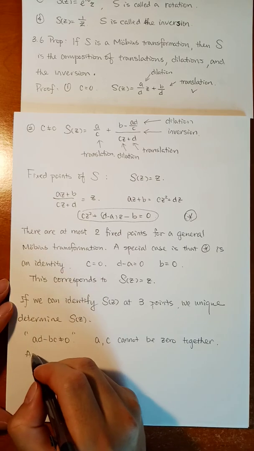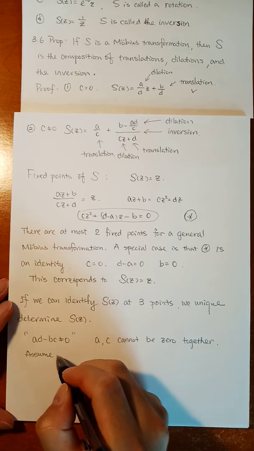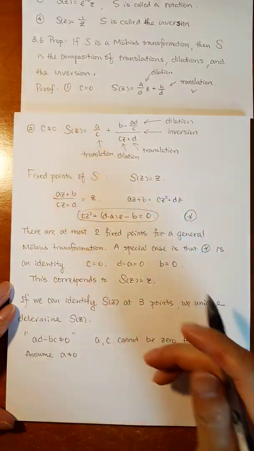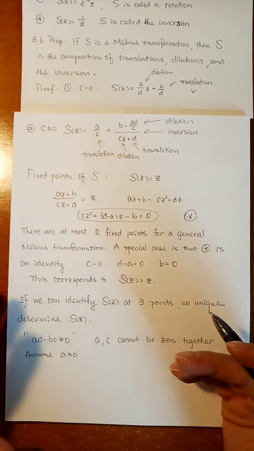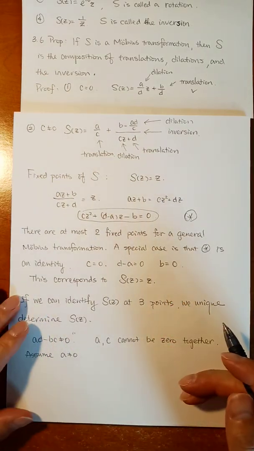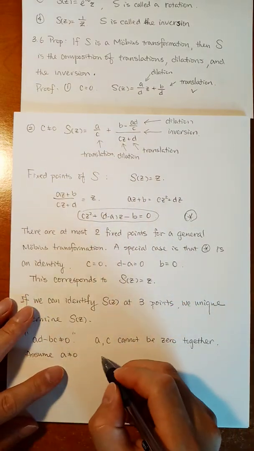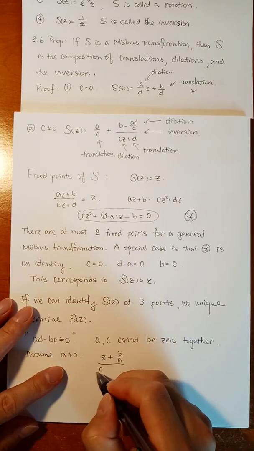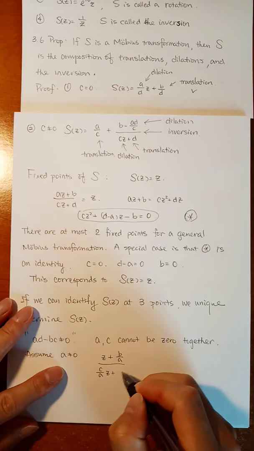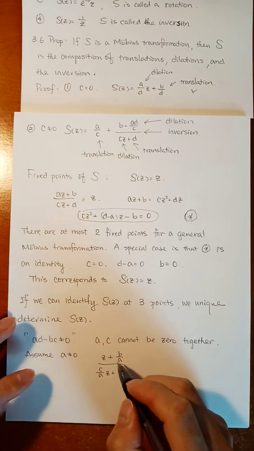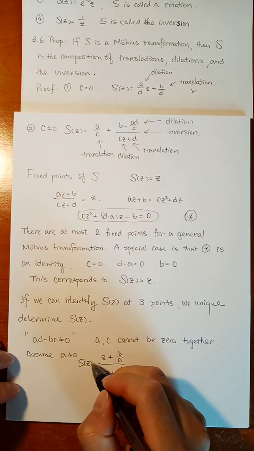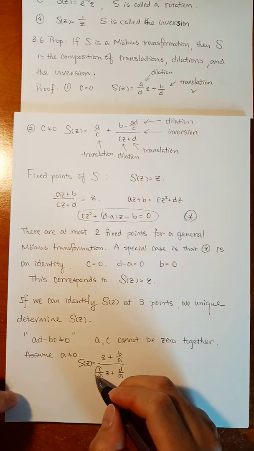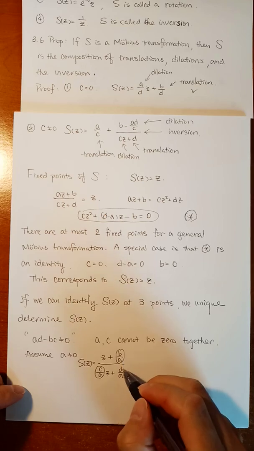So at least one of them is not 0. Let's assume A is not equal to 0. Remember we can do multiplication or division by whatever non-zero complex number. A is not 0, so we can divide this Mobius transformation by A, top and bottom. We get just 3 numbers.